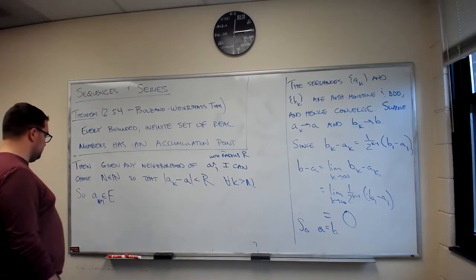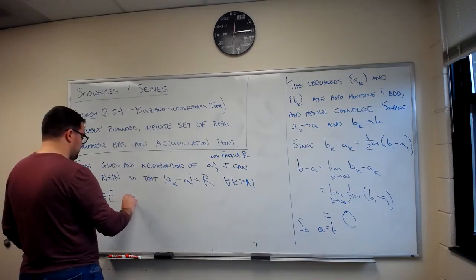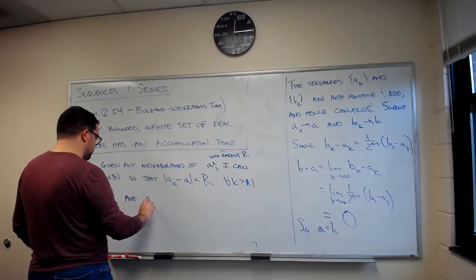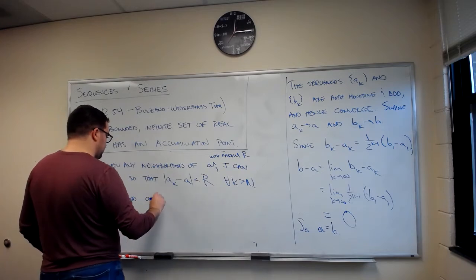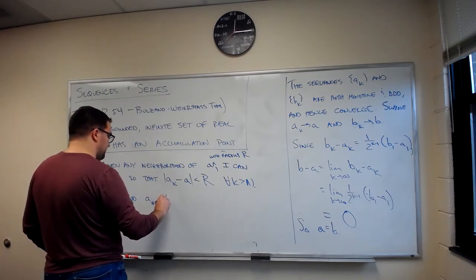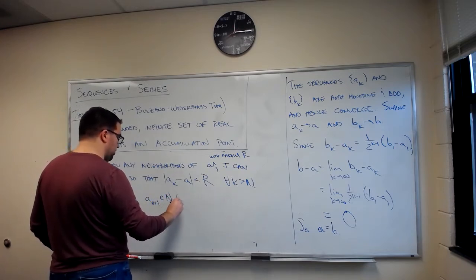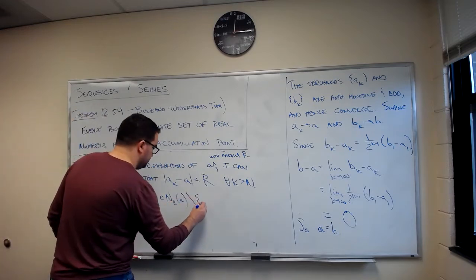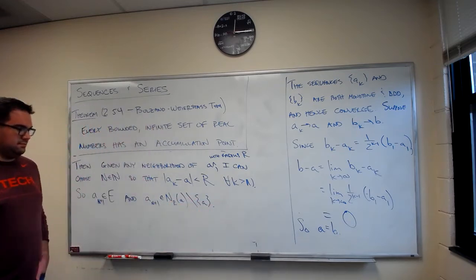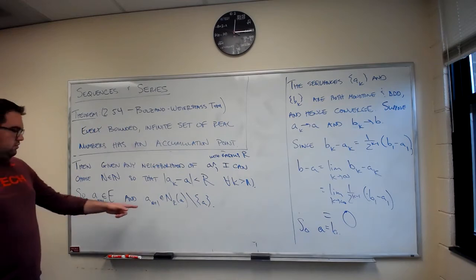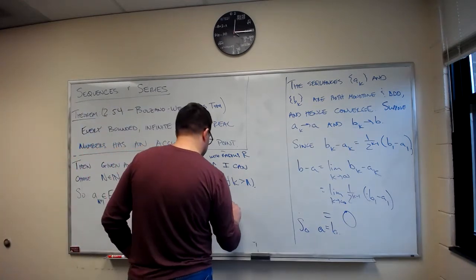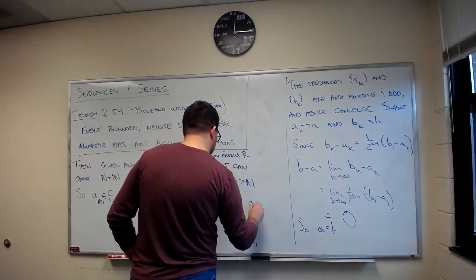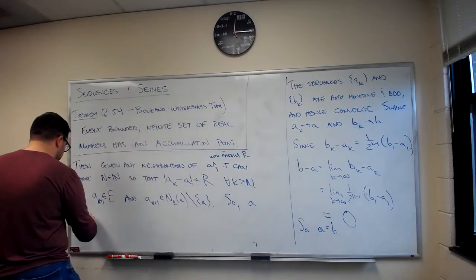Okay. And A sub N plus 1 is in the neighborhood of radius R around A. But it's also not A. And so A is an accumulation point.